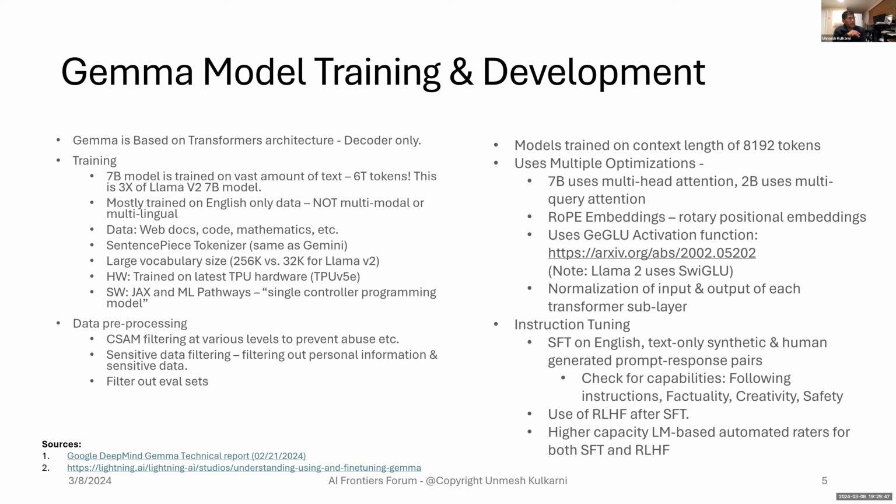To quickly round out the training part, there is a requirement for some pre-processing of the data. Google has been extra careful about what kind of data has gone into the training, and they have been filtering at different levels to prevent toxic materials from getting into the model. As you know, LLMs can hallucinate, but they can also create toxic material.